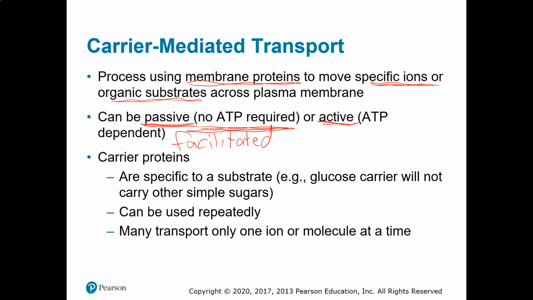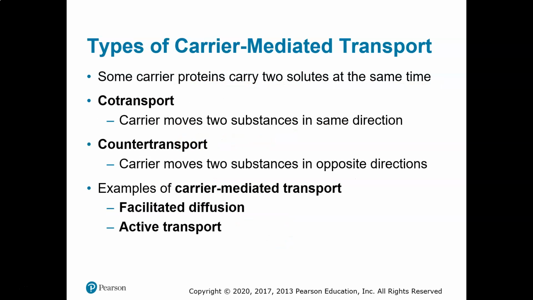Carrier proteins are specific to their substrate. For example, if they carry glucose, they will not carry other simple sugars or other chemicals. Many transport only one ion or molecule at a time. Some can do two or maybe even three, but that's about it.